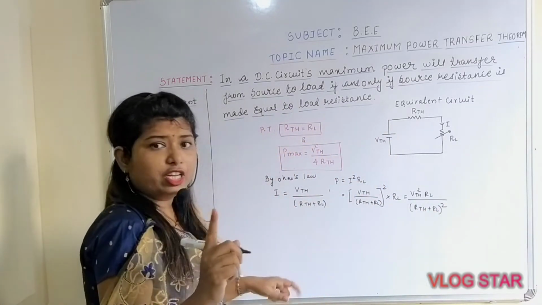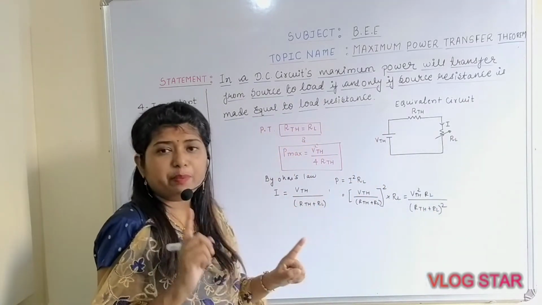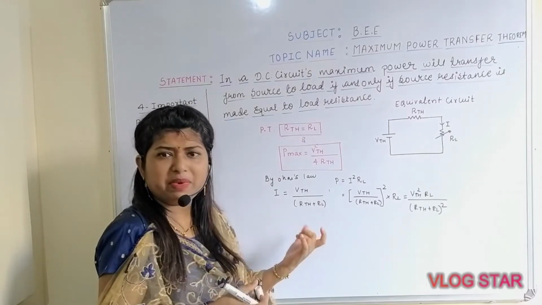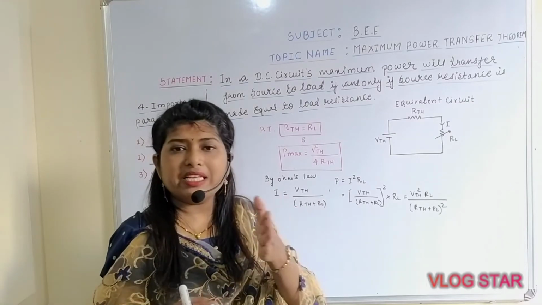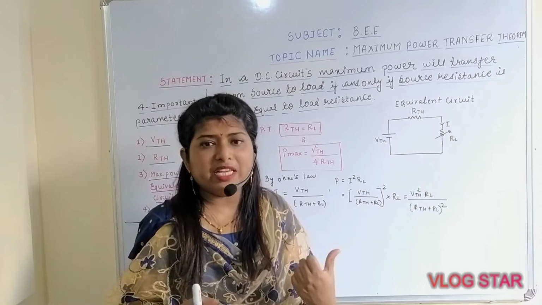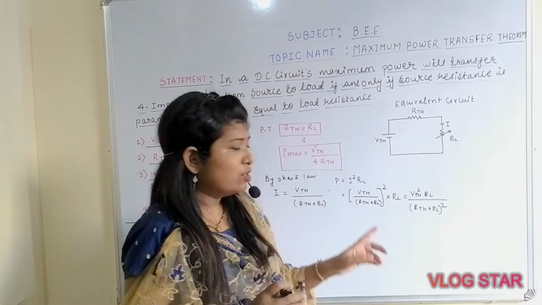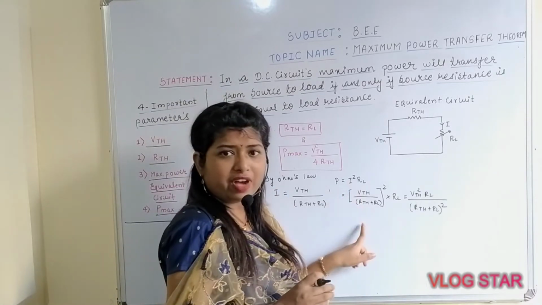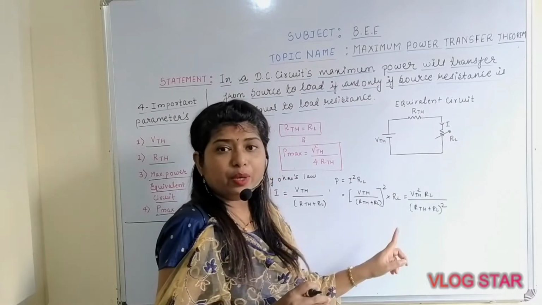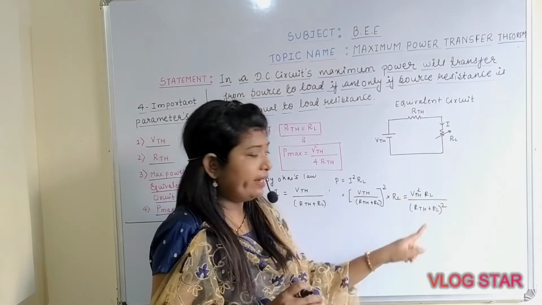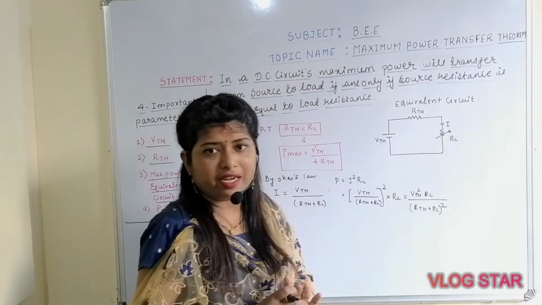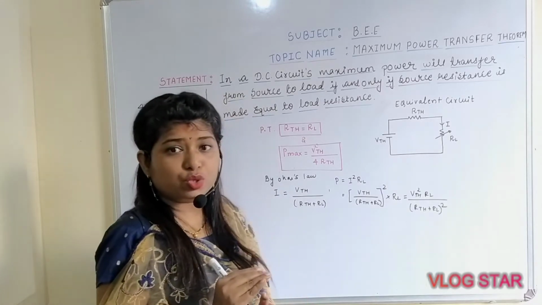I hope you have understood. The basic standard equation is P is equal to V into I, or P is equal to I square into R. Once you substitute the value of I, you get P is equal to VTH square into RL divided by RTH plus RL whole square. I hope you have understood this.